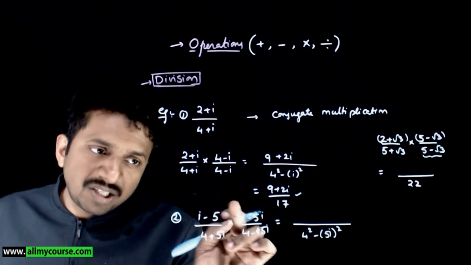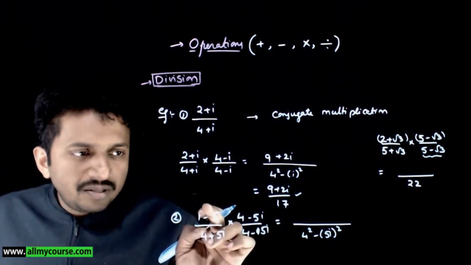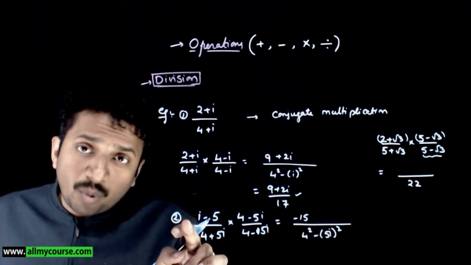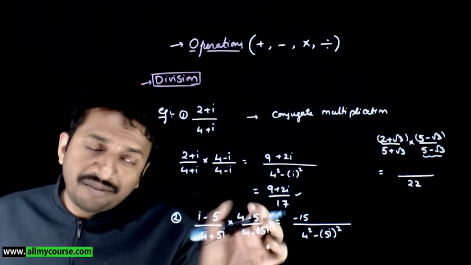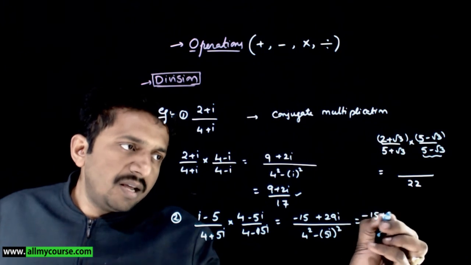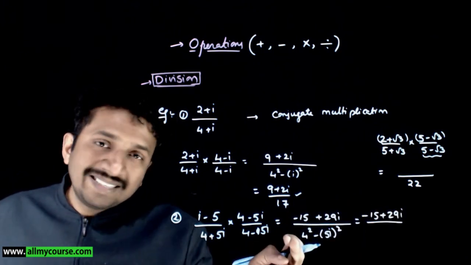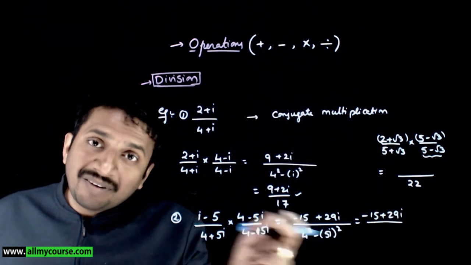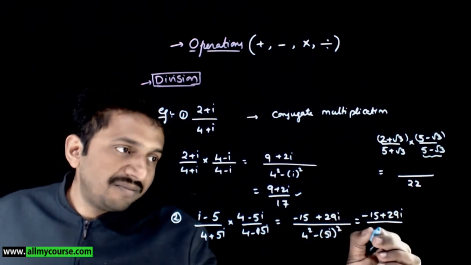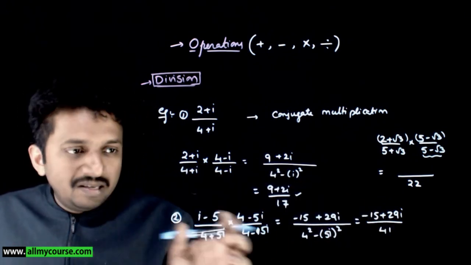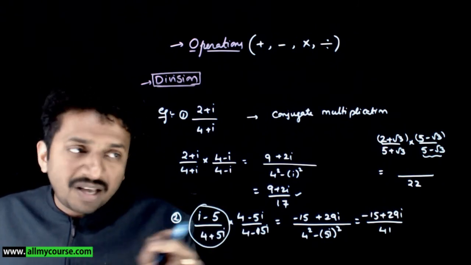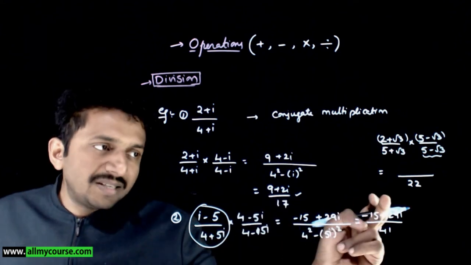Minus 5 into 4 is minus 20, minus 5i square, so minus 20 plus 5 is minus 15. And what is the imaginary part? 4i plus 25i, that is 29i. So you have (minus 15 plus 29i) divided by 16 minus 25i square, that is 16 plus 25, which is 41. So the division of (i minus 5) by (4 plus 5i) is minus 15 by 41 plus 29 by 41 times i.